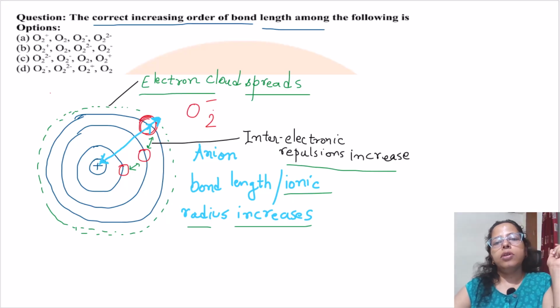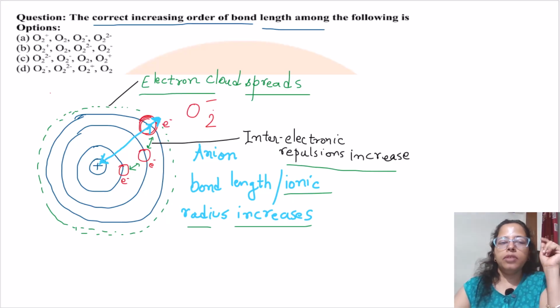When the negative charge progressively increases, there will be more electronic repulsions, more spreading of the electron cloud, and a further increase in the bond length or ionic radius. So this is the basic thing that is happening in case of an anion.